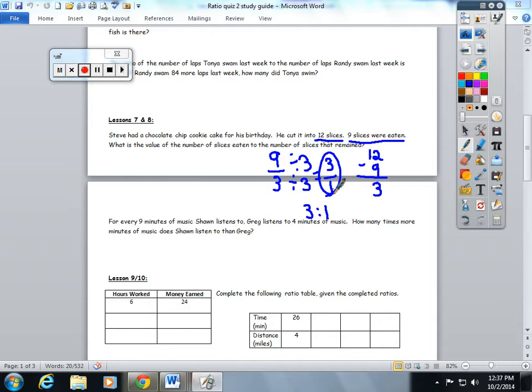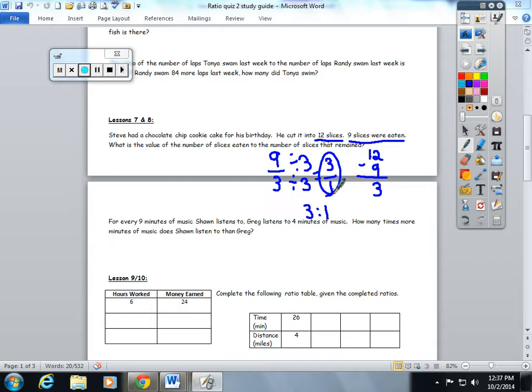Okay, so the problem says for every 9 minutes of music Sean listens to, Craig listens to 4 minutes of music. How many times more minutes of music does Sean listen to than Craig? So it says for every 9 minutes that Sean does.